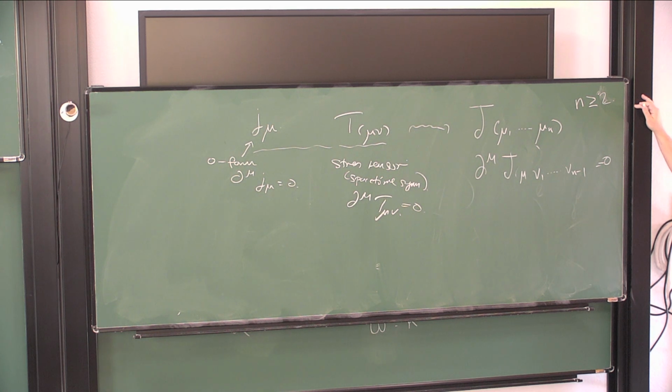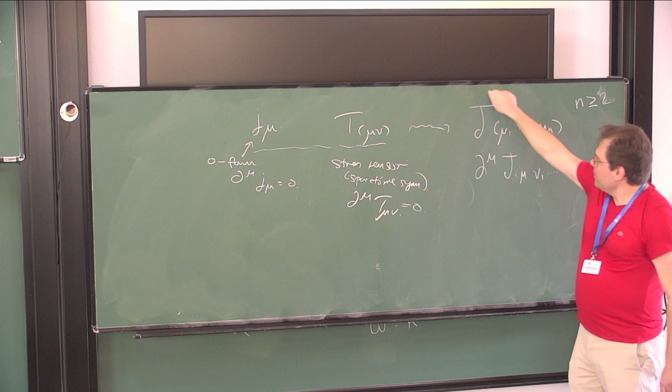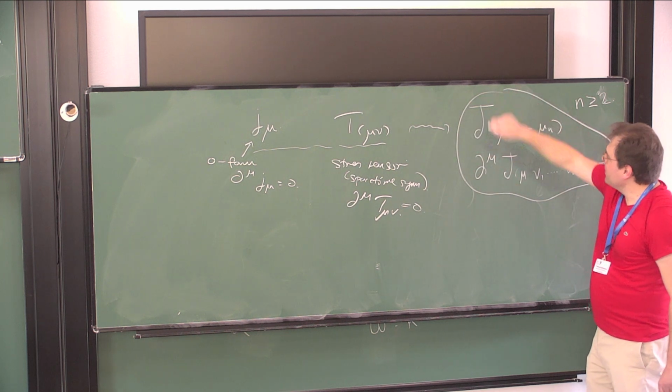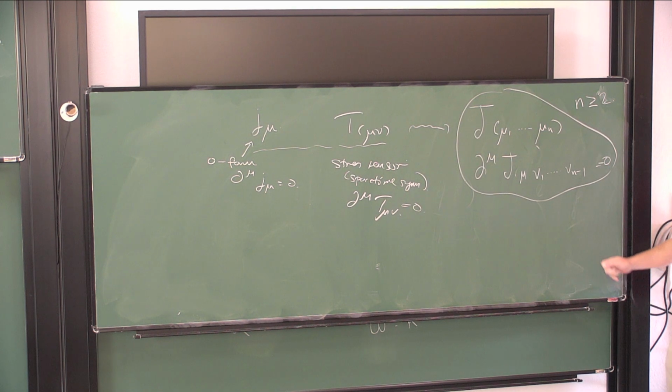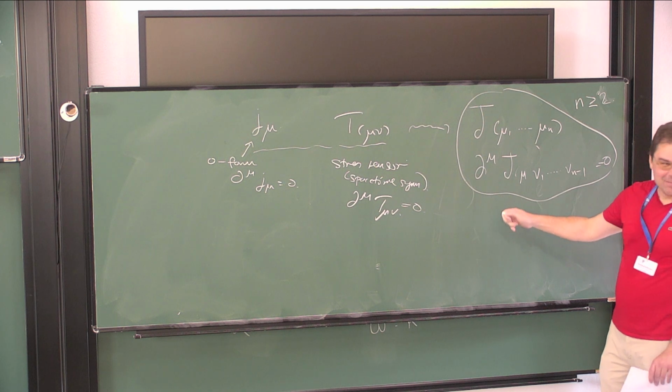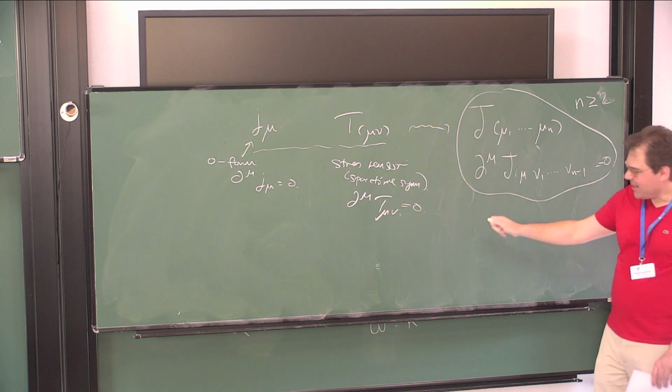And indeed, such currents do arise in interesting, special, two-dimensional models. But it turns out there's more or less a theorem, I mean, a physics theorem, that says that models that have these kind of currents are necessarily integrable.